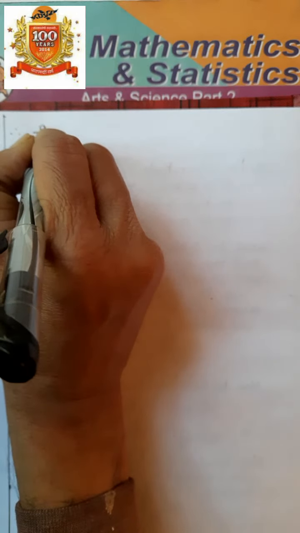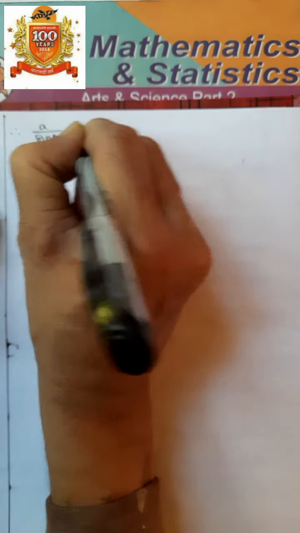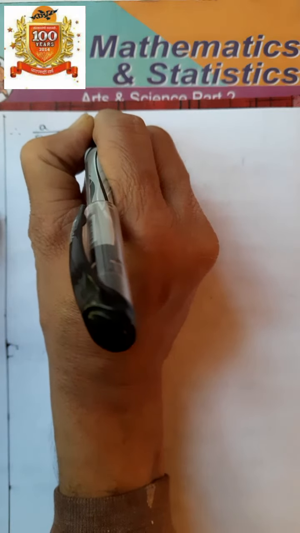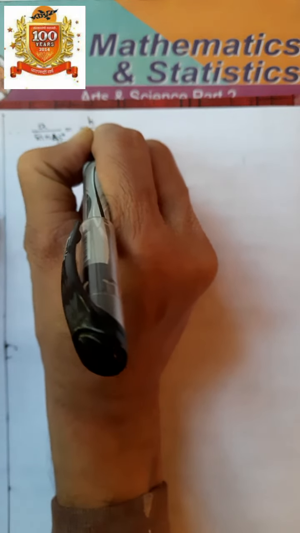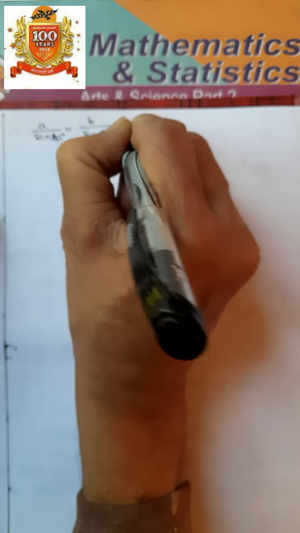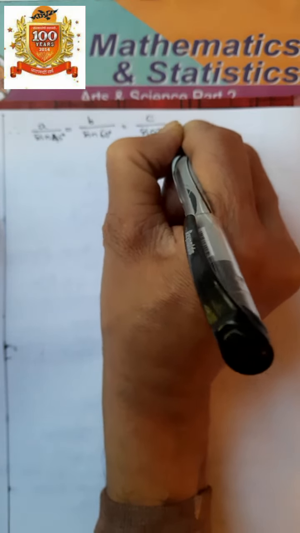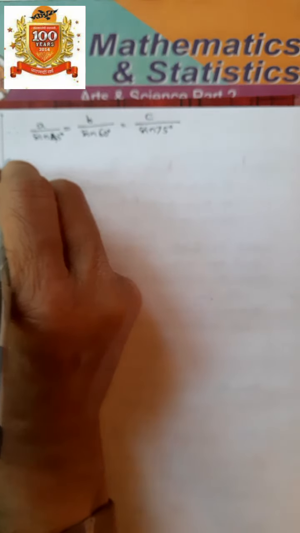a upon sine A, sine 45 degree, b upon sine 60 degree is equal to c upon sine 75 degree. Now we put the values.